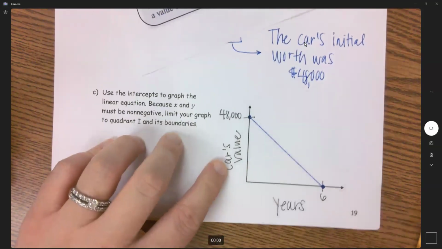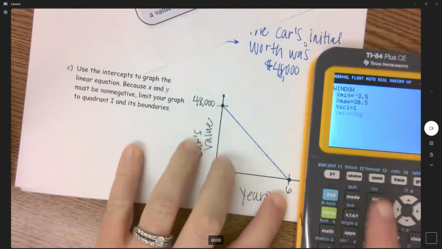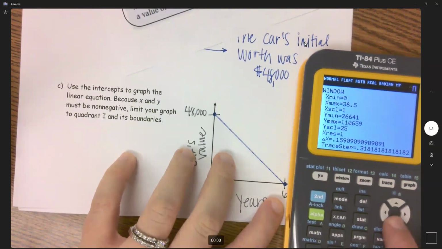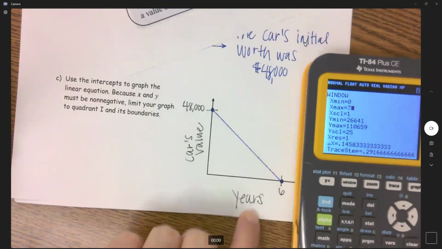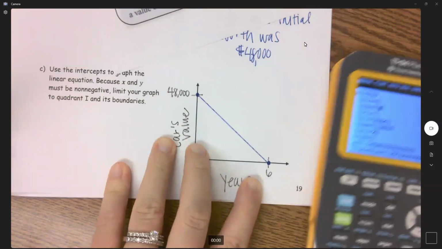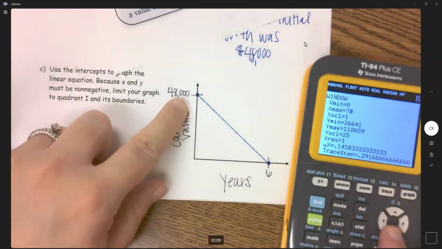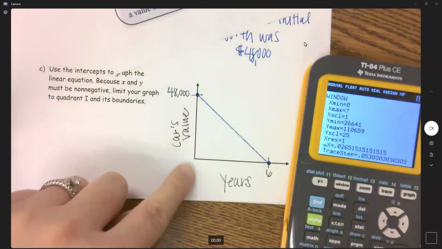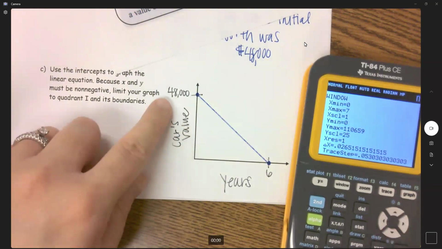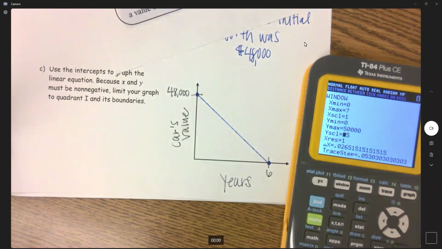And if I want to graph it in a window that shows all the x-intercepts, well, I've already actually solved the x-intercepts. So I'm going to make my window here go from 0 to 7, just a little bit past it. And then a y of 0 to, let's go 50,000, and I will make this go by 5,000.